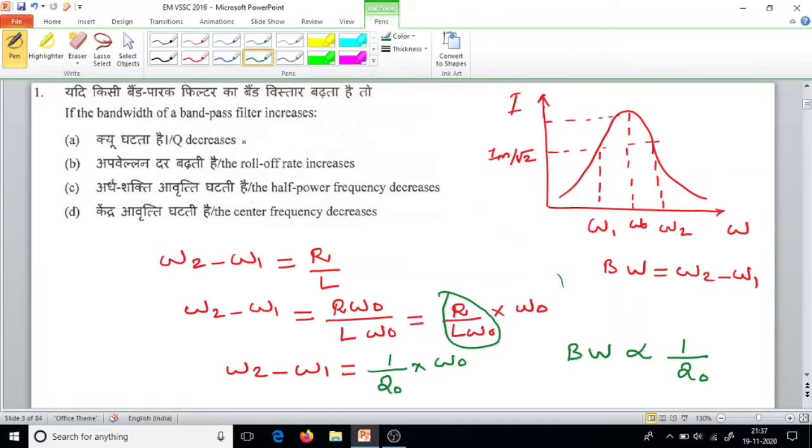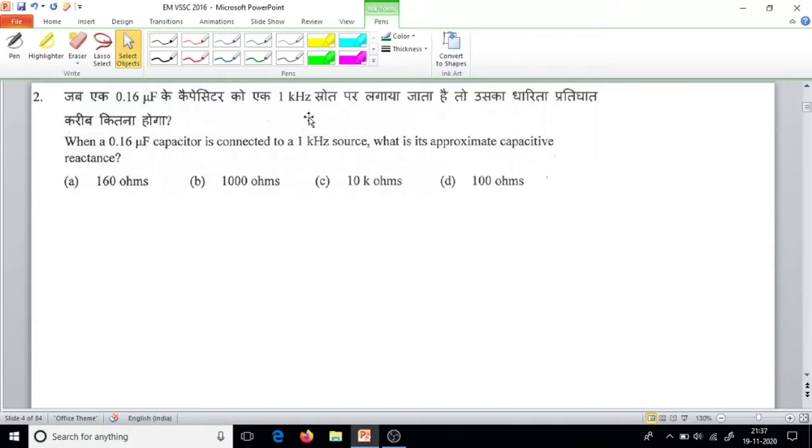So the answer is option A, Q decreases. When Q decreases, selectivity also decreases. So we'll go to the second question.